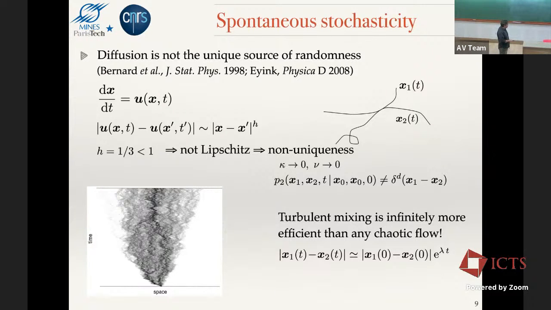So here, if for a fixed time you make the initial separation go to 0, the final separation also goes to 0. In this spontaneous stochastic scenario, even if you make the initial separation equal to 0, you can get a finite separation over a finite time. Which means that its mixing is infinitely more efficient than in a chaotic flow.